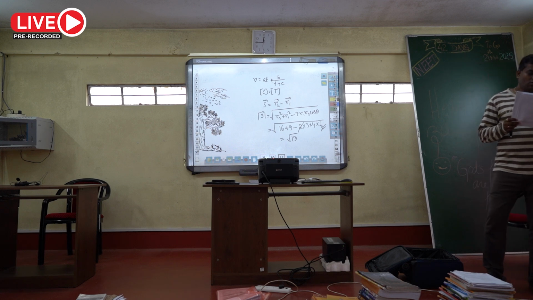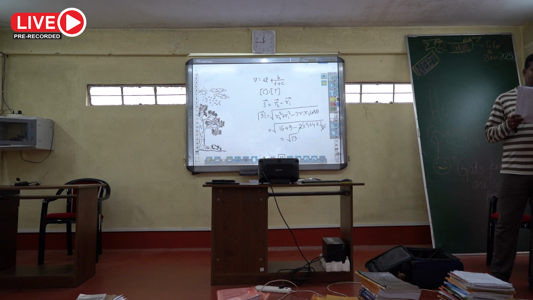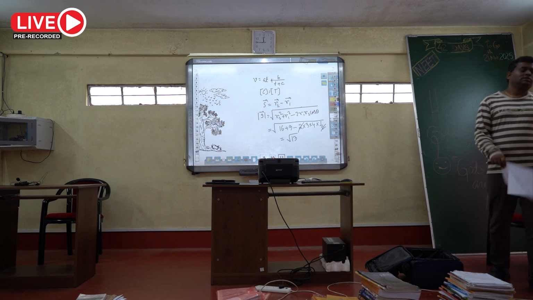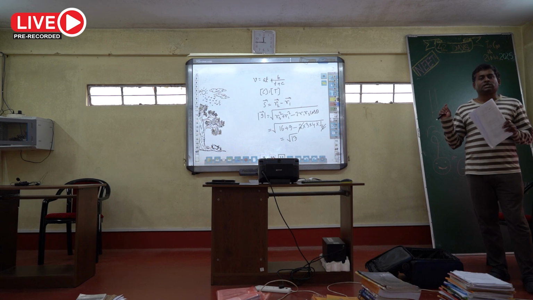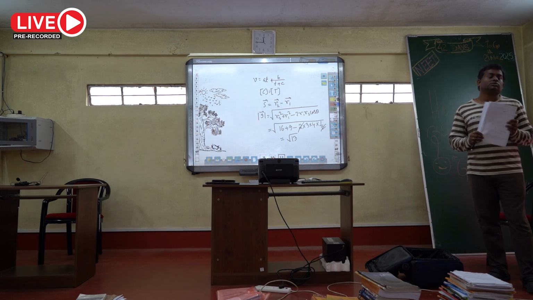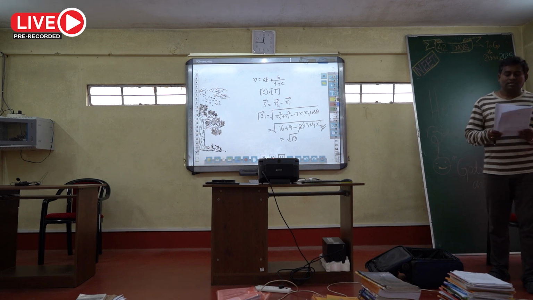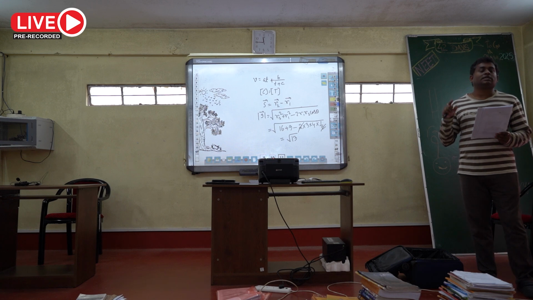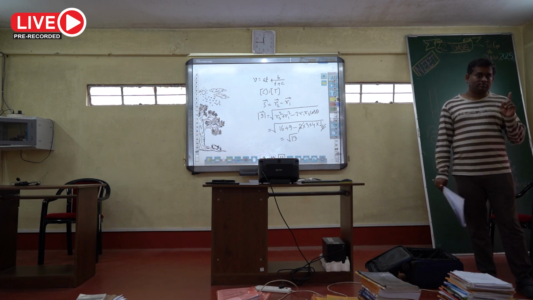51. Water is flowing in streamline motion in the tube as shown in the figure. The pressure in the tube is more at A than at B, because the area of cross section at point B is less, so the velocity of the water is more at that point because of the equation of continuity. Now we apply Bernoulli's theorem.